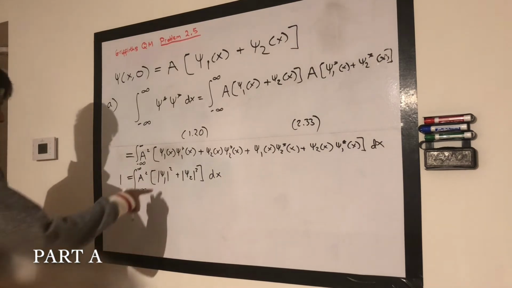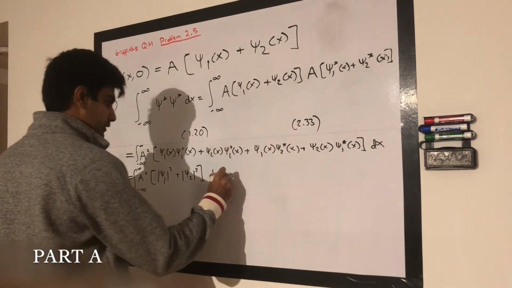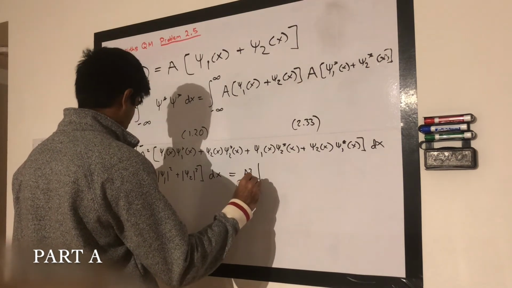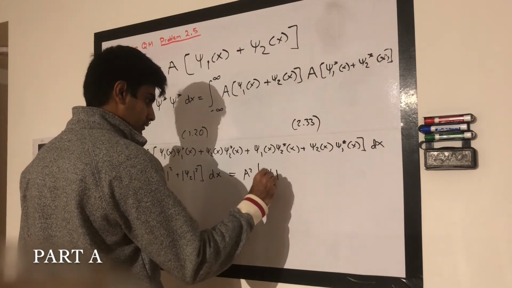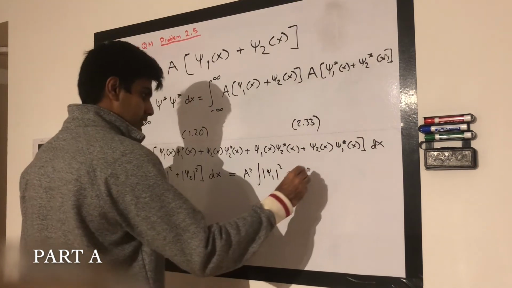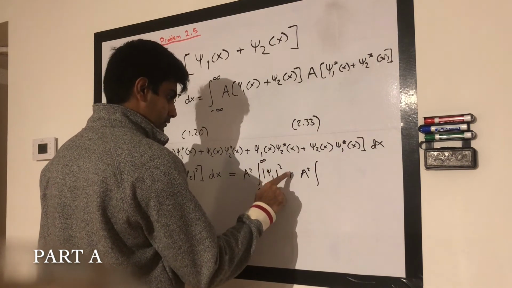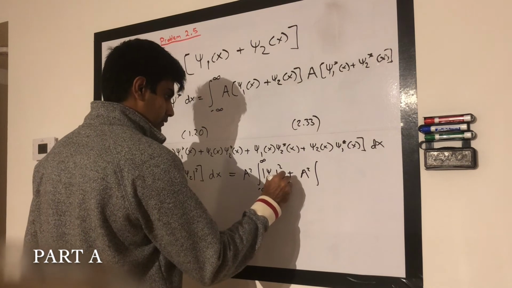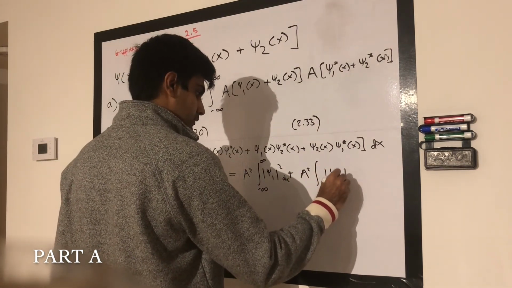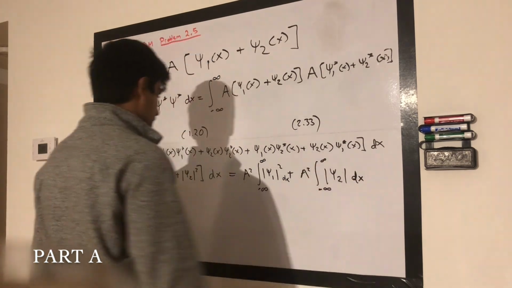Now what we do here is we split each integral into its independent terms. So what we find is we have A squared times the integral of psi 1 of x, plus A squared times the integral of psi 2 of x, from minus infinity to infinity.